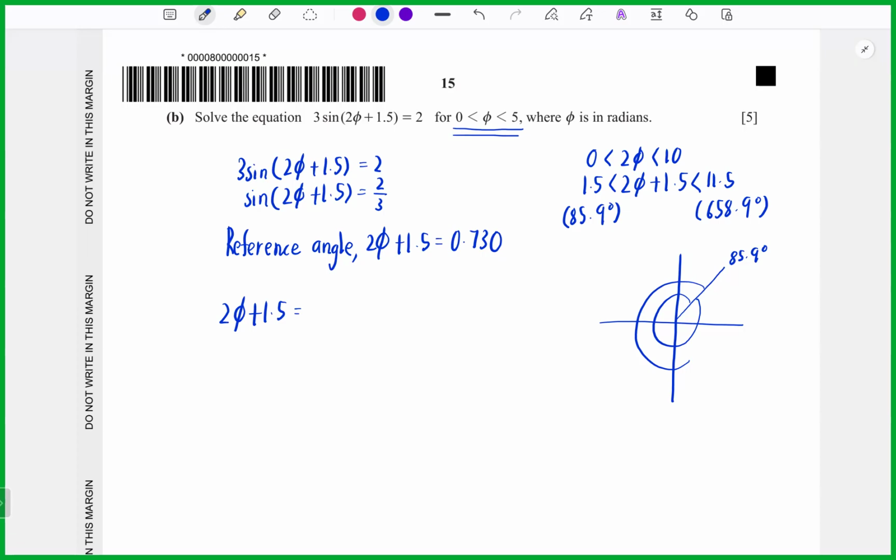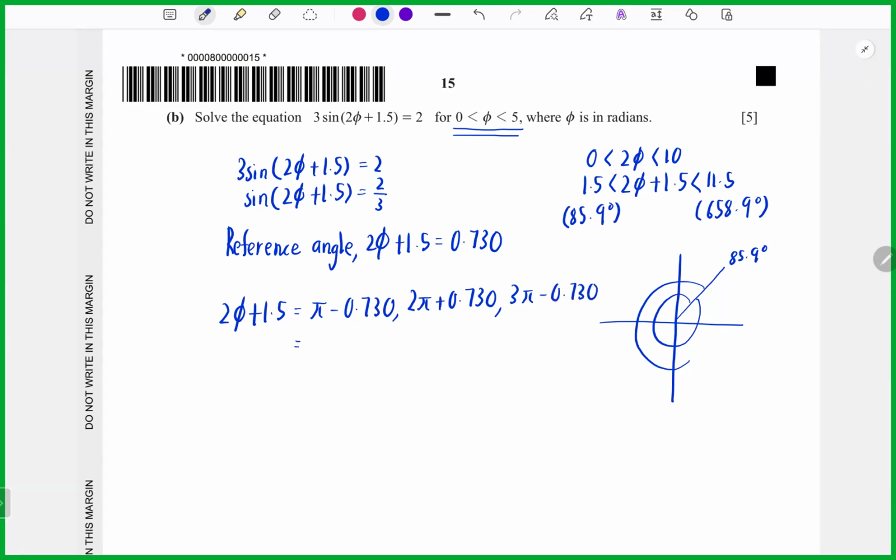Point three seven. Okay, this we cannot use because it's less than, it means out of the range. So you need to take pi minus 0.730 first. Okay, this is the second quadrant. And then we try to look at the first quadrant again, 2 pi plus 0.730.